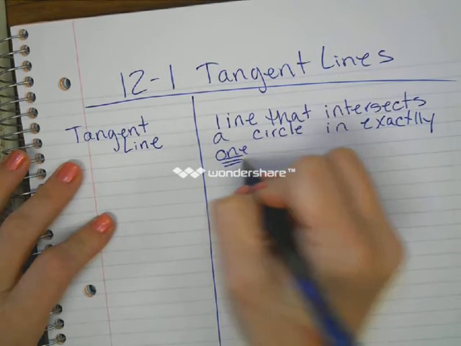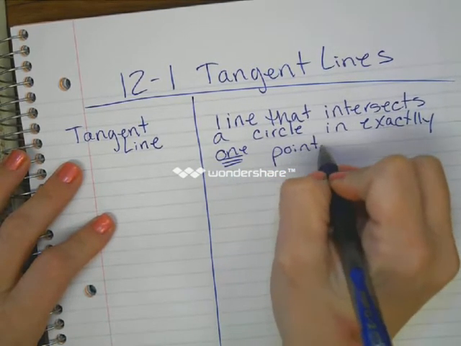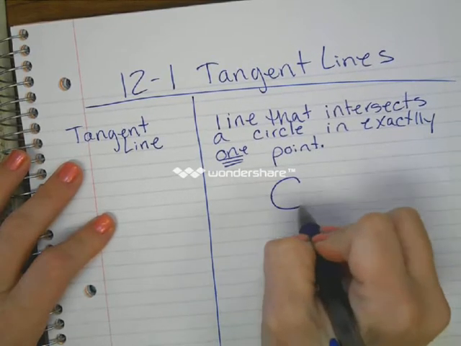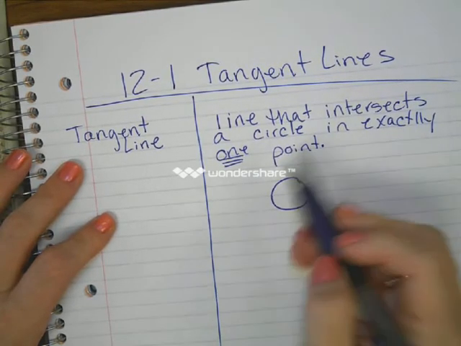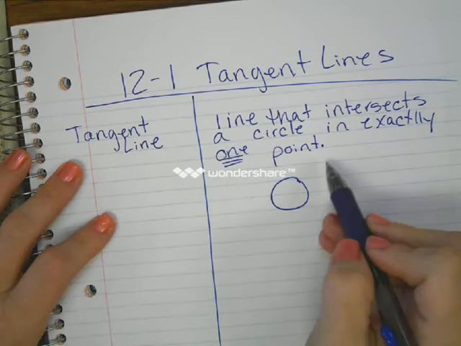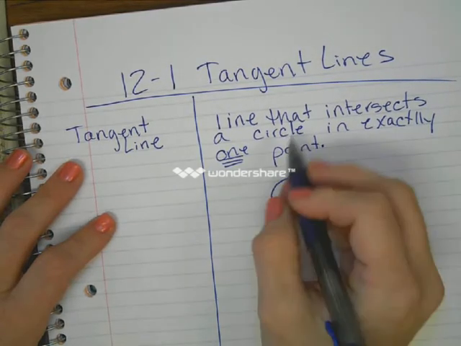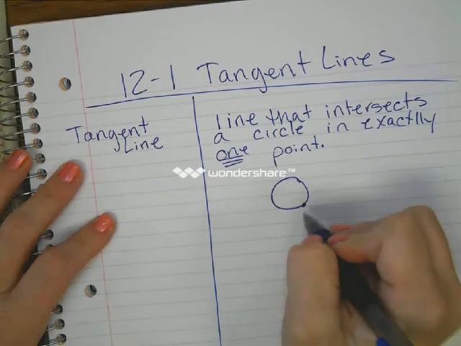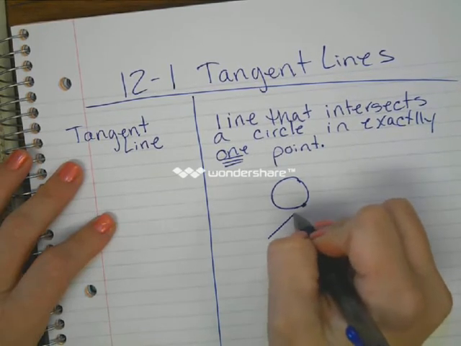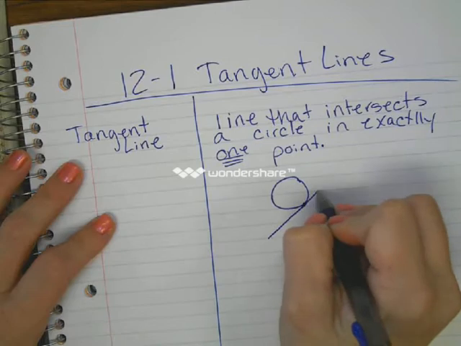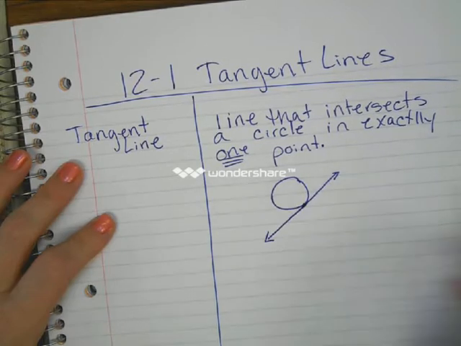one point. So if I have a circle, I can draw lines outside the circle and I can draw lines inside the circle. If I drew it inside the circle, it would intersect twice. My third option is a line that just barely touches the edge of the circle at one point and then continues on. This would be called a tangent line.